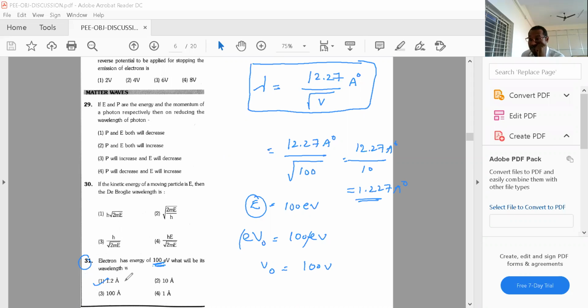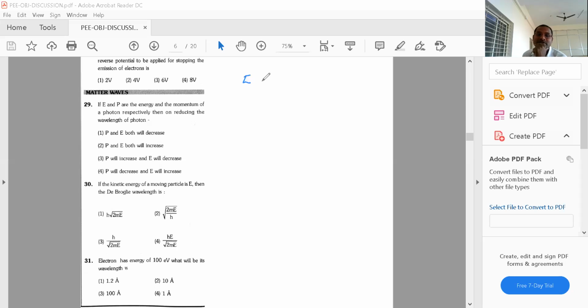Are you understanding? Clear? Another method is also there, but that is the difficult method. We know energy is equal to hc by lambda, and lambda is equal to hc by energy. H value is 6.63 into 10 to the power of minus 34. C value is 3 into 10 to the power of 8.